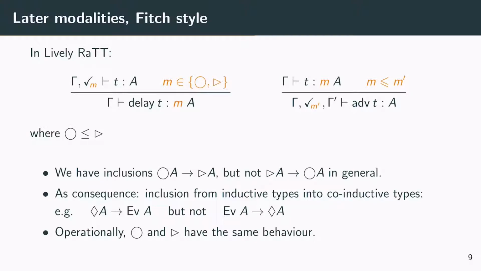As a consequence, we are allowed to convert, for example, the diamond into an event, meaning that whenever we have the assurance that eventually we get a value of A, we can convert this into an event that says we might get a value of type A, but we cannot do so the other way around, right? Which would be unsound.